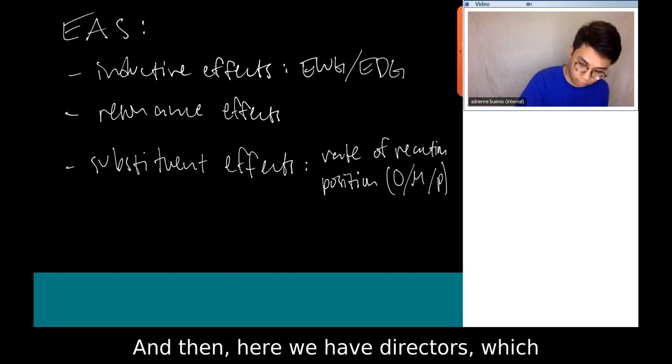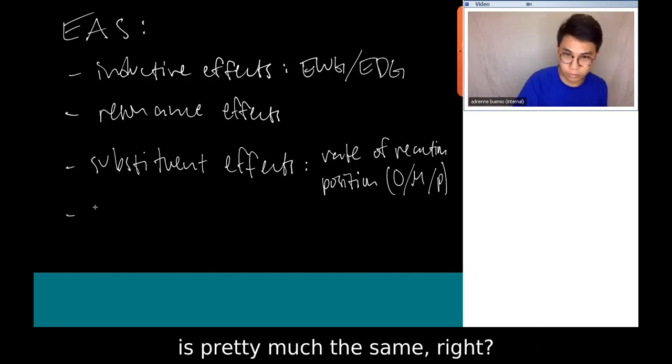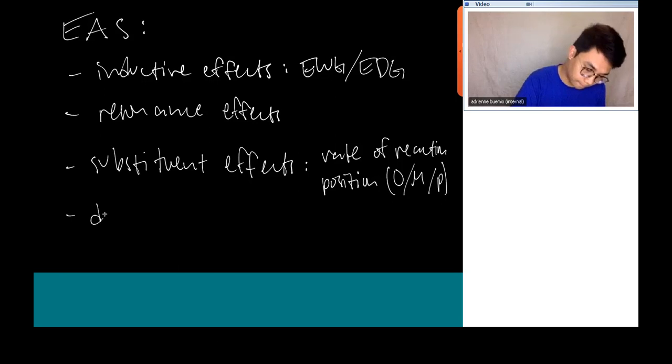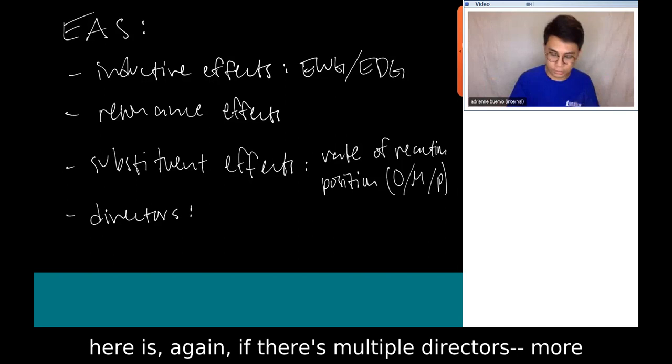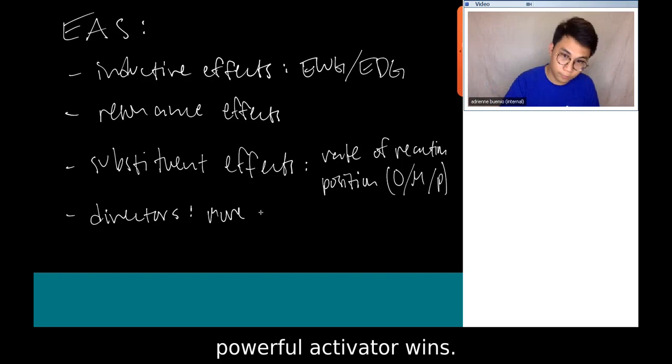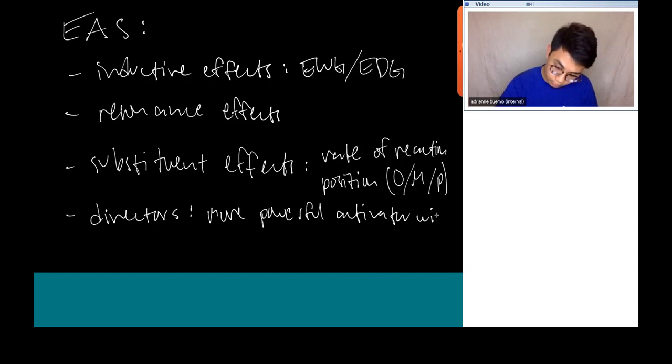And then here we have directors, which is pretty much the same, right? Pretty much the only real note here is that, again, if there are multiple directors, the more powerful activator wins, right?